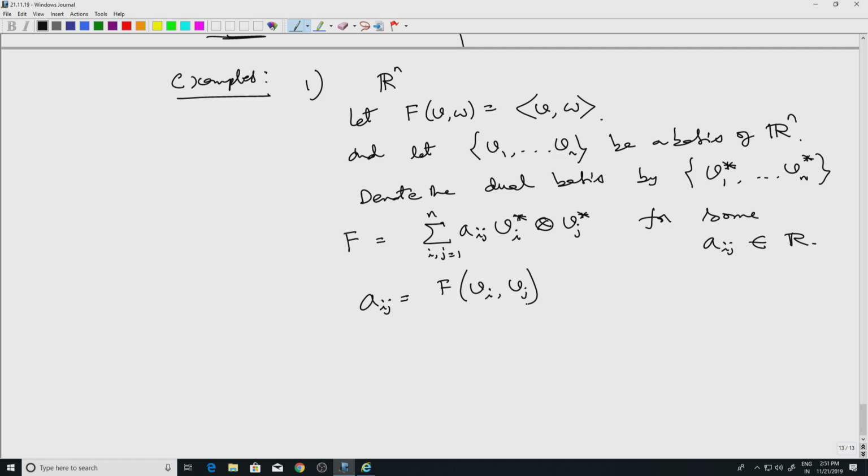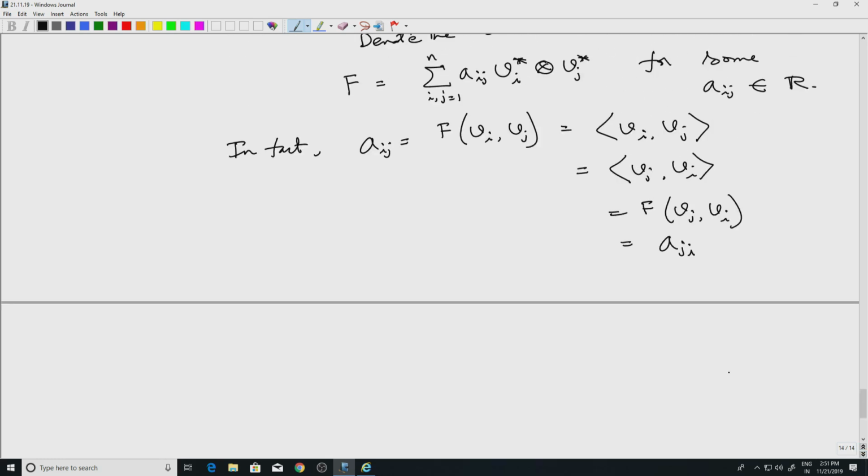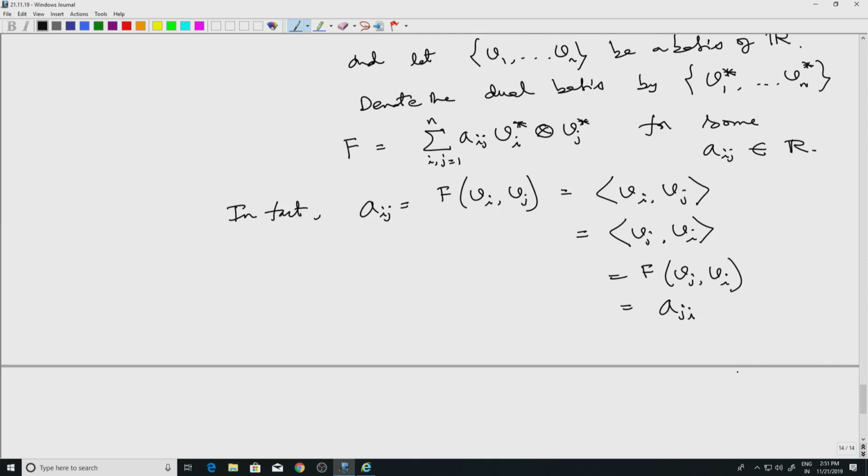So in fact, aij equals f(vi, vj). Since we started with the standard inner product on Rn, we know that we can switch vj and vi, and so this is f(vj, vi), which is aji, the coefficient aji. So we can say that aij equals aji for all i and j.